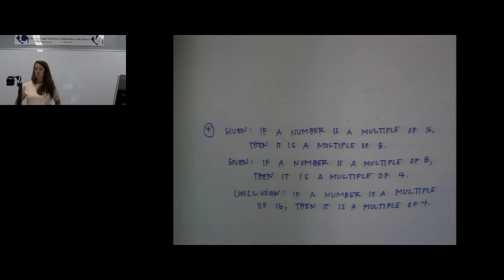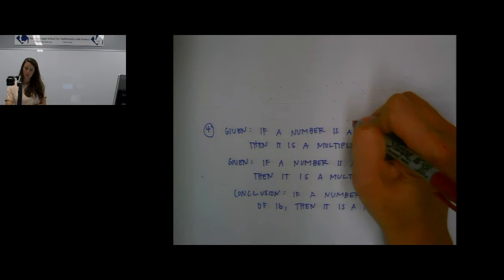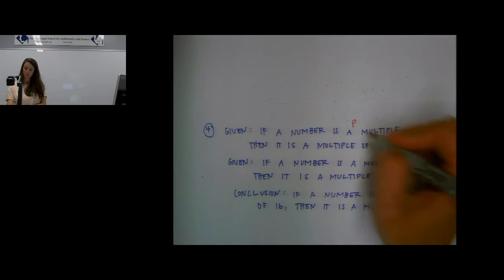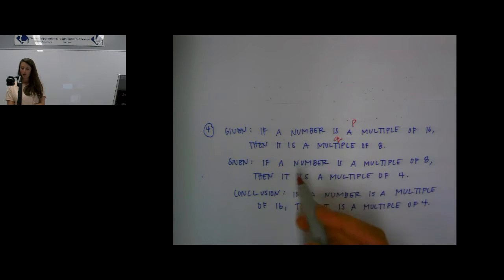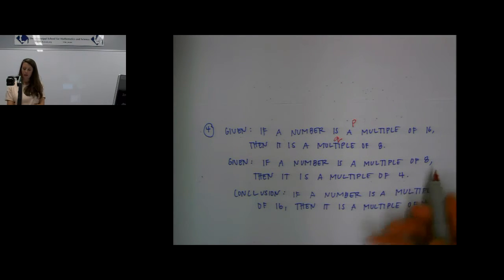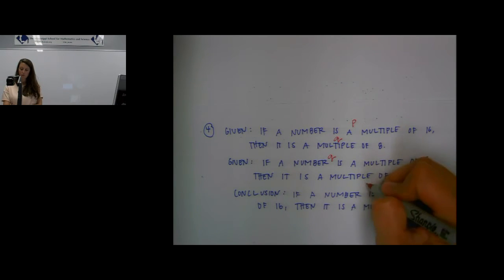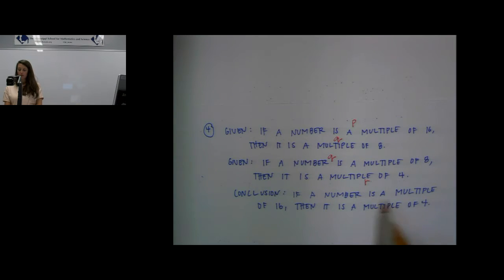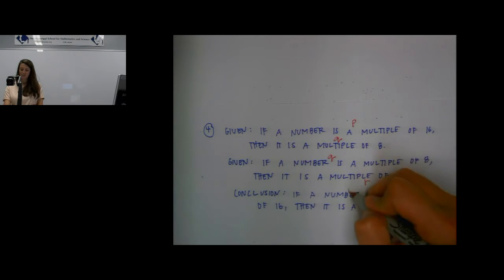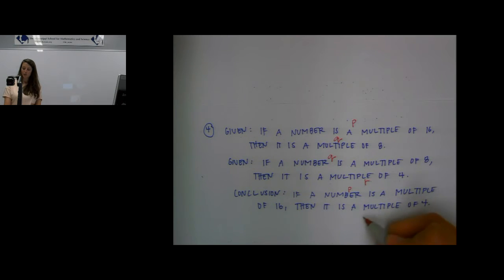If a number is a multiple of 16, then it is a multiple of 8. If a number is a multiple of 8, then it is a multiple of 4. If a number is a multiple of 16, that would be my P, then it is a multiple of 8, that's my Q. If a number is a multiple of 8, that's Q, then it is a multiple of 4, that would be my R. If a number is a multiple of 16, my P, then it is a multiple of 4, my R. So that's true.